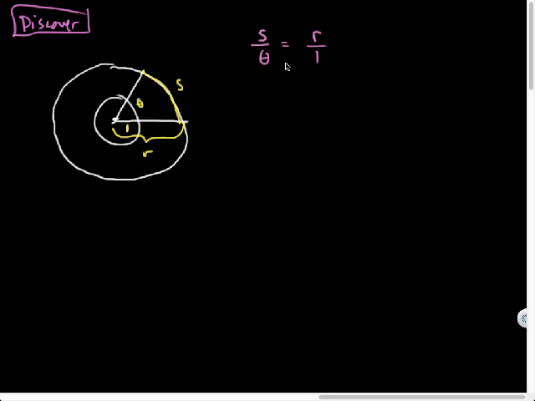And if I want to solve this equation for s, my arc length, what would I do to both sides? How do I get s by itself? Yeah, multiply both sides by theta. Those would end up canceling out, and I'd end up getting s is equal to r theta. Okay, r times theta. And this is the formula for arc length.